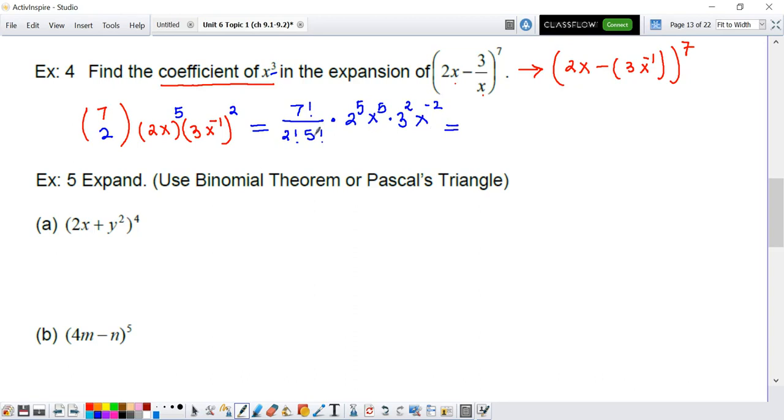7 factorial over 5 factorial is 7 times 6, since the 5 factorial cancels. 2 factorial is 2, 2 to the 5 is 32, 3 to the second is 9, times x to the fifth times x to the negative 2, which gives you x to the third.